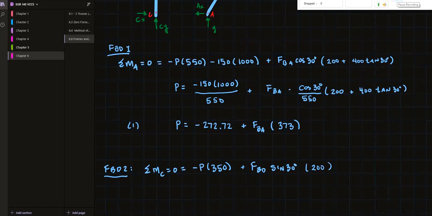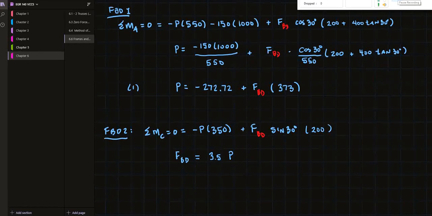Solving that, I get force BD equals 3.5 P. Call this equation 2. Solve 2 and 1 simultaneously.